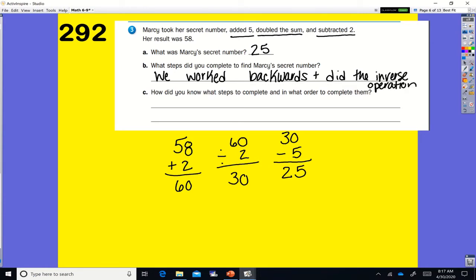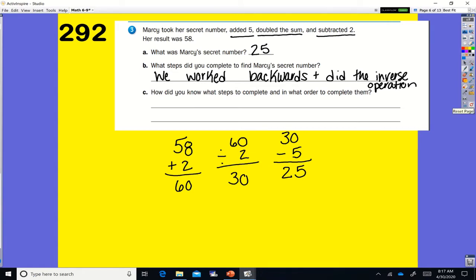How did you know what steps to complete and in what order to complete them? Well, we did everything backwards and then did the opposite operation. We knew to do that because in order to get that number, if they subtracted 2, that means we had to add 2 more to it to figure it out.